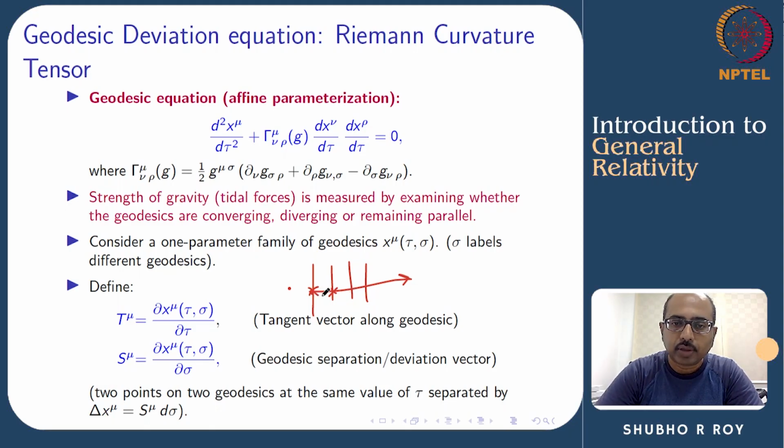And the distance between these two points, of course, in the sense of coordinate separation, not physical or invariant distance, del x mu, is given by this S mu vector multiplied by d sigma. Because S mu is defined to be the rate, the separation is S mu times d sigma. So S mu captures the geodesic separation or deviation.